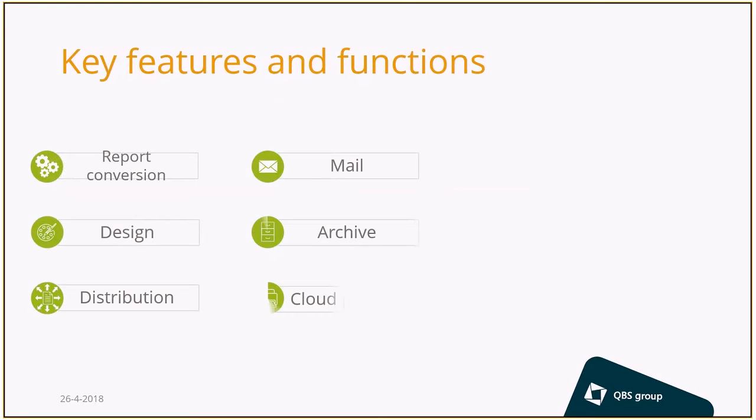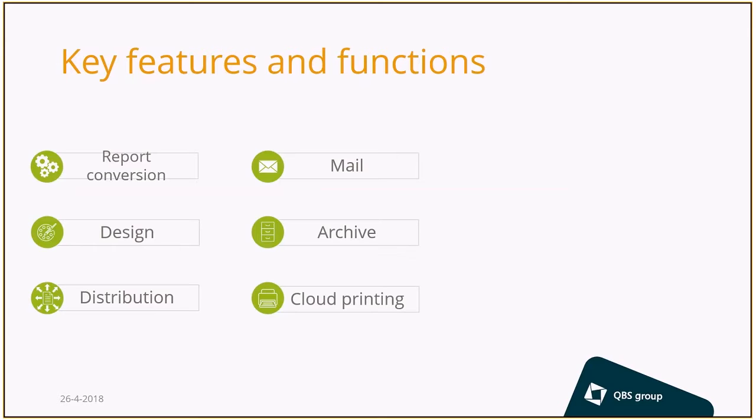So what are the key functions of our solution? Like I said, we have a report conversion. A big thing is the designer. This is where you can drag and drop the reports together. Distribution, of course, of the document.